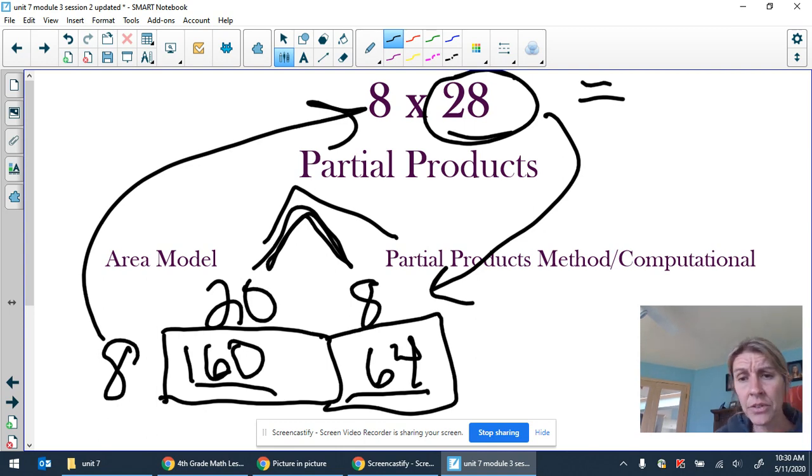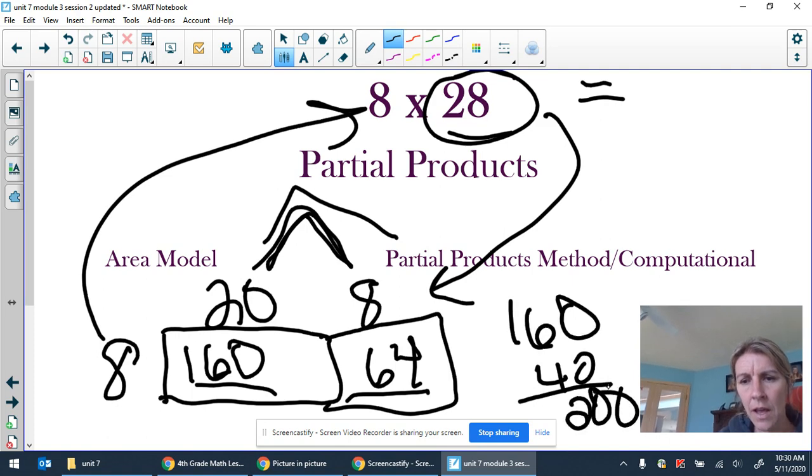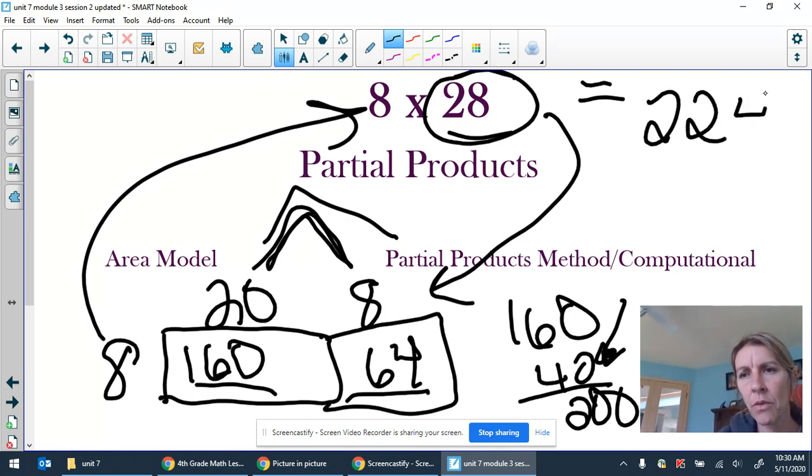This is what I'm doing in my head. I'm going to take the 160 and add 40 to it, because I know that puts me at 200. Then I have 24 left, because 24 more would get me the 64. So I know my answer is 224.